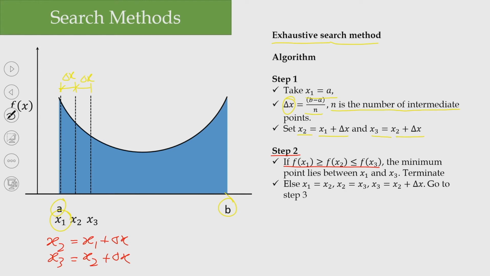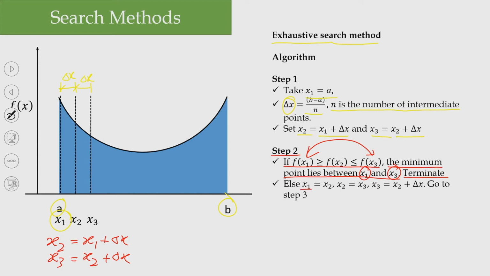If this condition is satisfied, the minimum point lies between x1 and x3, so we terminate the search process. We say the lower bound is x1 and the upper bound is x3. If this condition is not true, we go to the next step.